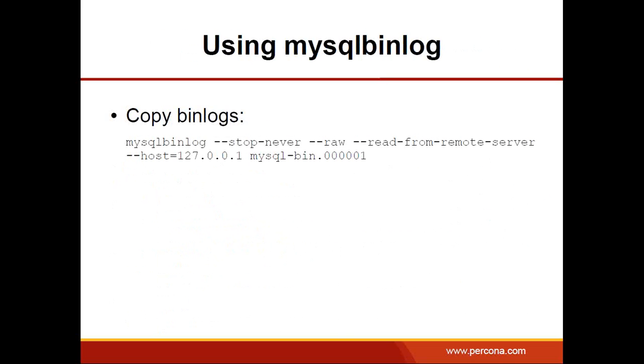To copy binlogs, this is the simple option. It's mysqlbinlog, stop never, run, read from the remote server, and you should give it the first binlog where you want to start. About this, you should need maybe writing a wrapper or whatever. You just need to take care that it's still running, that the last binlog is complete, because it will just copy a full binlog.